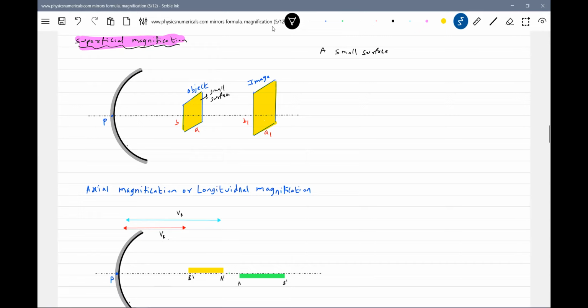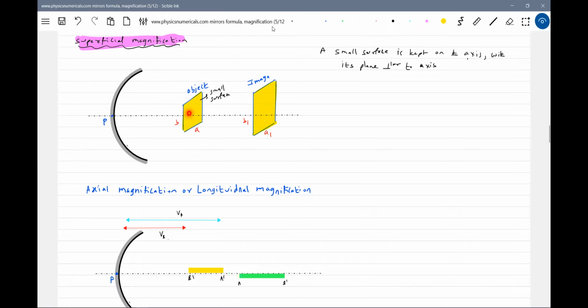A small surface is kept on the axis with its plane perpendicular to the axis here.